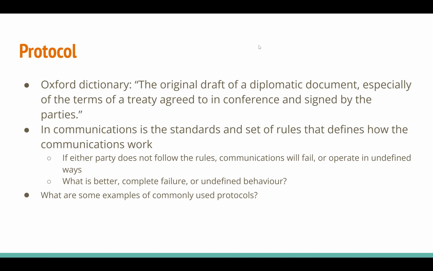So there's one really important aspect in this definition: it says a draft of a diplomatic document, especially in terms of a treaty agreed to in conference and signed by the parties. The signed by the parties here is important, and agreed to. So when we use communications, we need to make sure that the devices on both ends are sending and receiving data that the other one understands, right?